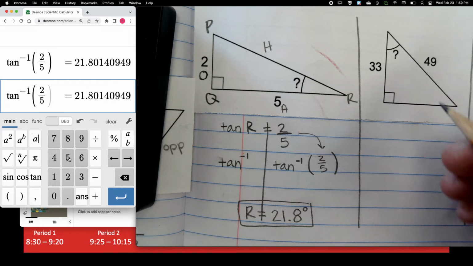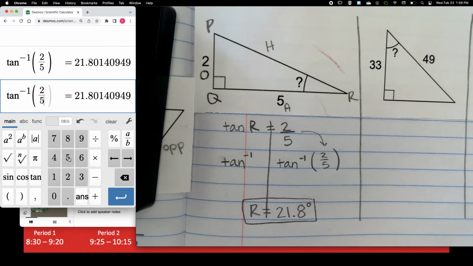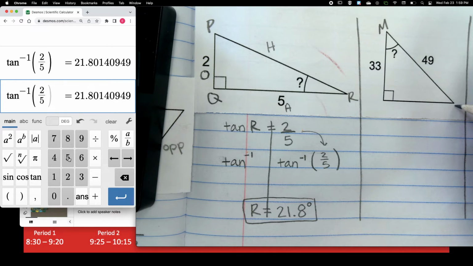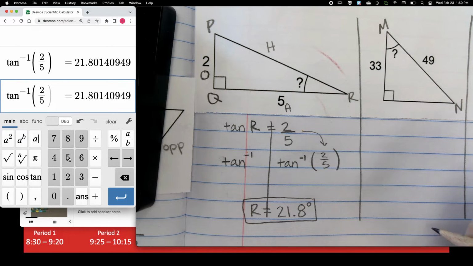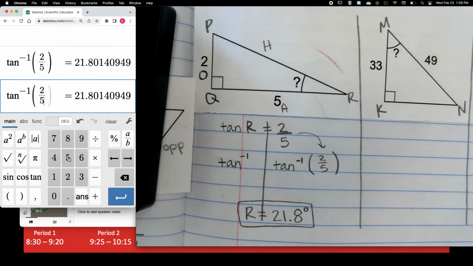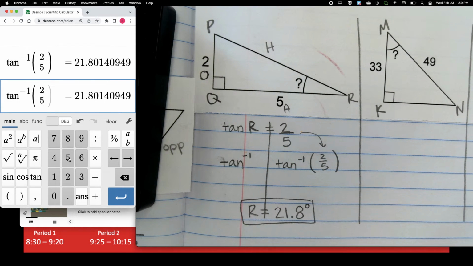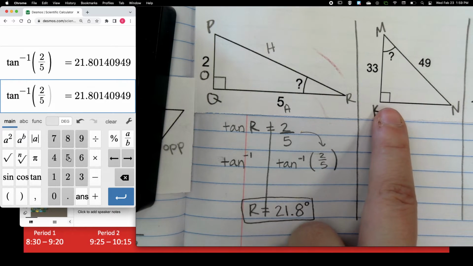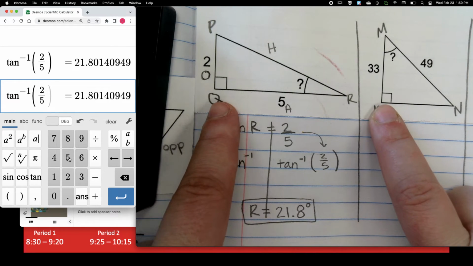All right, let's go to this next one. Let's call this M, N, and K. Trying to stay away from our opposite, adjacent, and hypotenuse. So this problem almost looks the same as the one before it, where the right angle is in the same place.